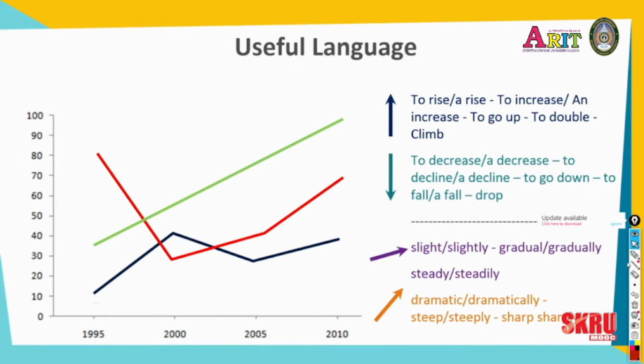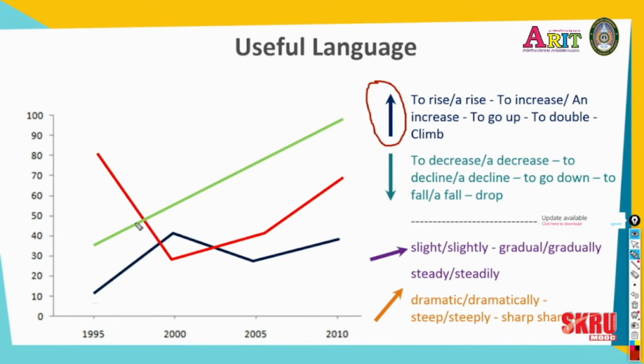So first of all, we may want to talk about things going up. You see much of the line here, the green line goes up. So we can talk about this as a rise, or a rise in sales, or to increase, an increase in sales, to go up. If it goes up from 10 to 20, we could say to double, or we can say just it climbs.